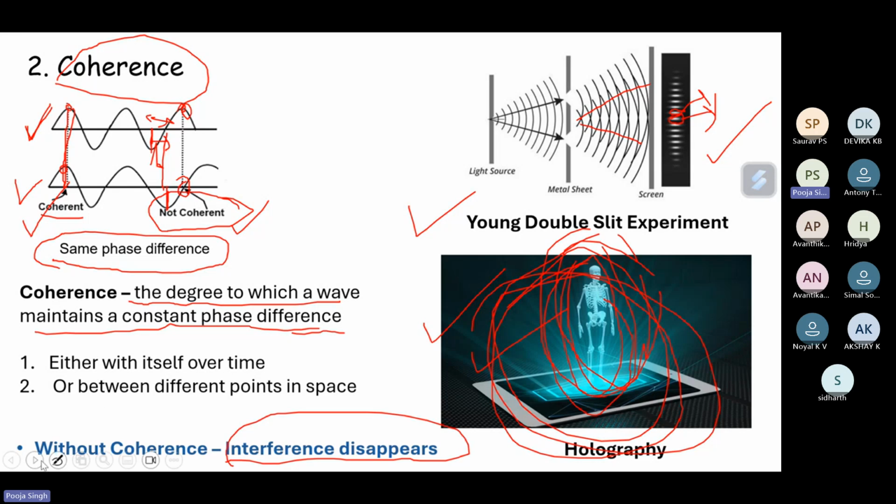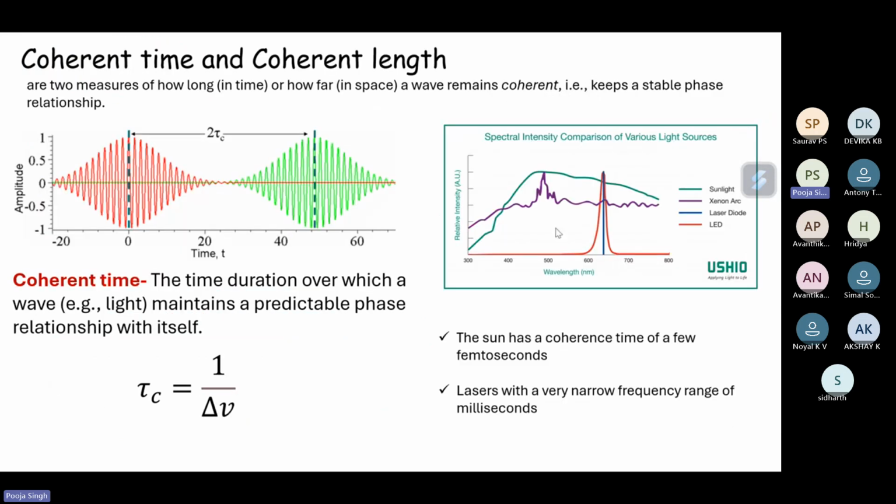Next, here is the deeper detail. In coherence, two things come: the coherent time and the coherent length. Coherent time, from the meaning itself, is the time up to which the phase of the wave remains the same.